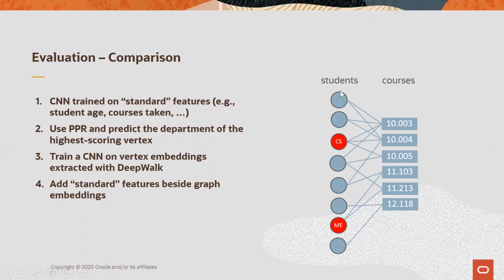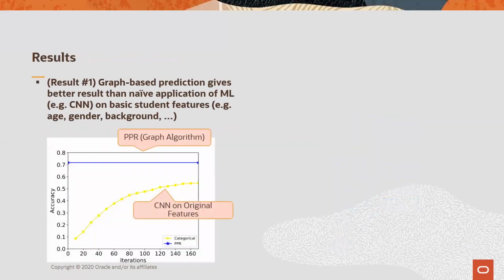However, it did not take into account that this student who took that course was on the same course as that student who took this course together with that student who took this course together with that student. These multi-hop relationships are very important, apparently, because they give us way better results, as you can see from the personalized PageRank algorithm.